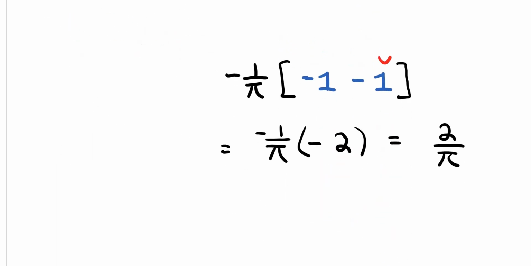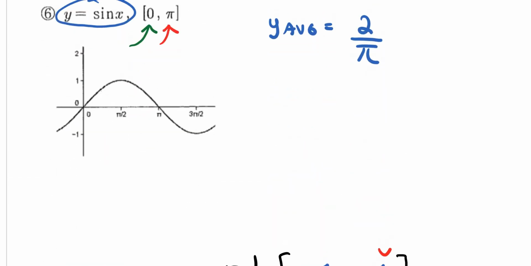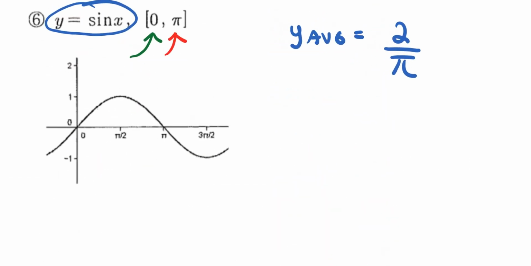Just double check that. Yeah, 2 over pi. So maybe 2 over pi is somewhere over here. If I draw a horizontal line here, there's an x value here and an x value there. So there are two x values in the domain 0 to pi where this function obtains its average value.